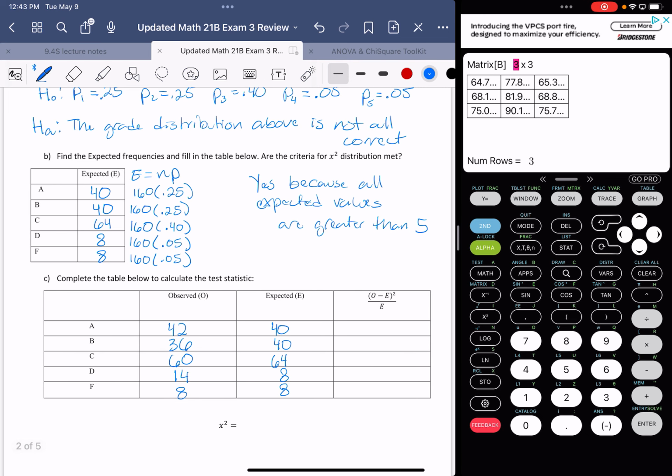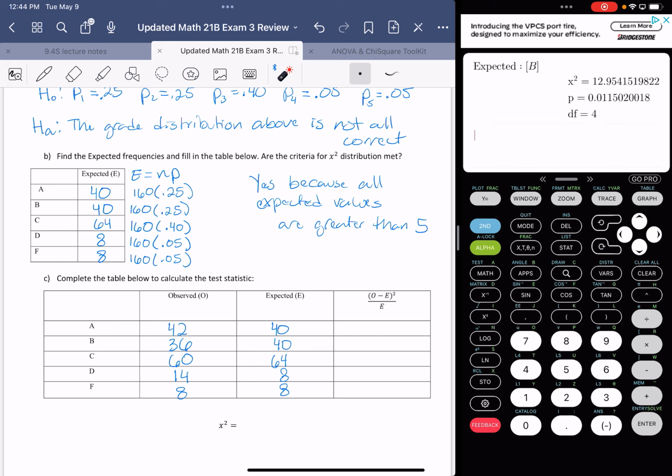Next, we need to calculate the contributions for each outcome, the contributions for A's, B's, C's, and so on. To calculate each of them, we use the following formula: O minus E, quantity squared, divided by E. We know our O, we know our E, so it's a matter of substitution. We shouldn't get any ugly decimals here, so we're just going to keep the decimals that we see.